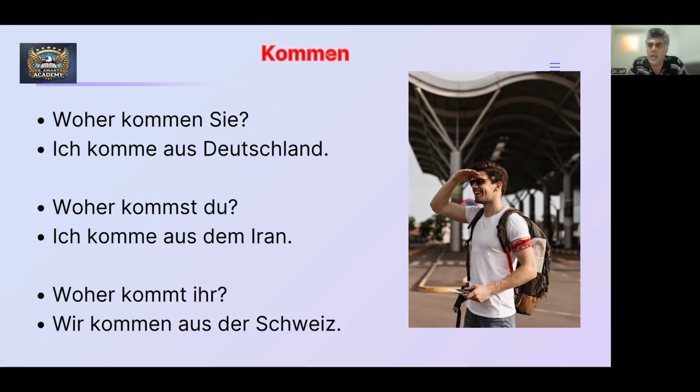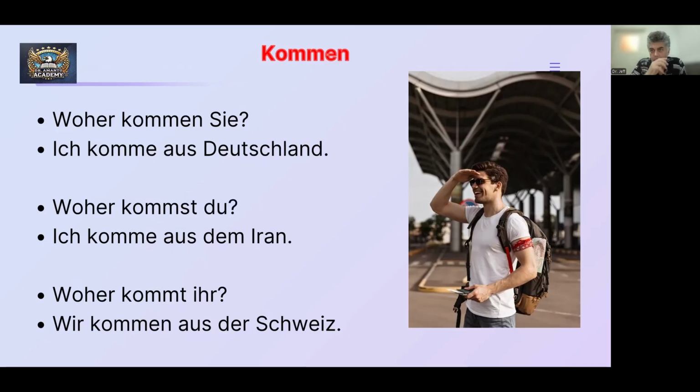Iran uses der. This is because aus is a dative preposition, and after it the article changes into dative.